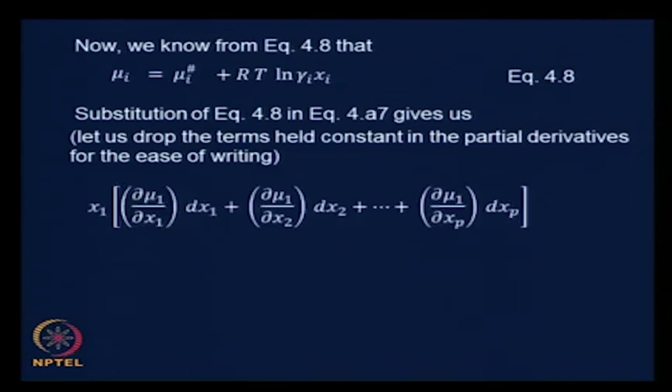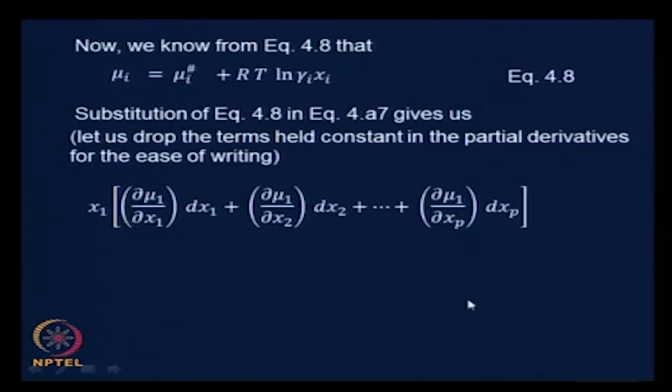So, if we do that, this becomes x1, this is the first term, x1 dou mu i dou xk it was. So, dou mu 1 dou x1 dx1 dxk plus dou mu 1, this is i, this corresponds to 1, dou mu 1 dou x2 dx2 plus and so on until dou mu 1 dou xp dxp.